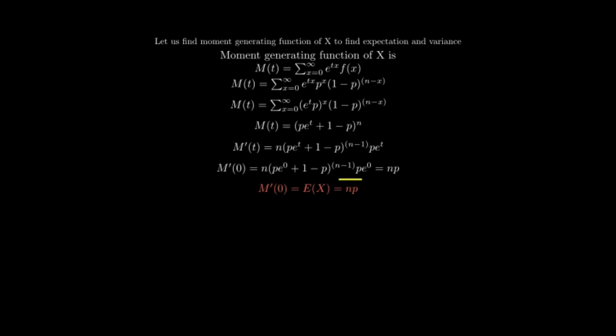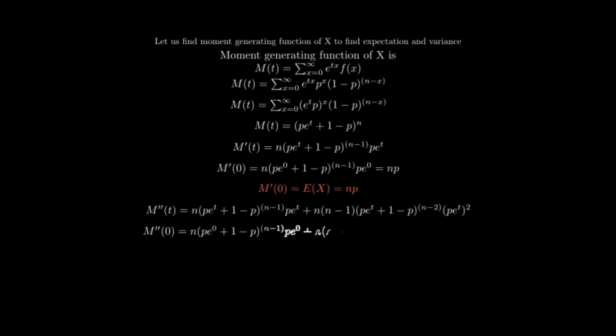Now if you differentiate the moment generating function two times and put the value of t as 0, you will get the second moment of random variable X, that means the expected value of X squared.